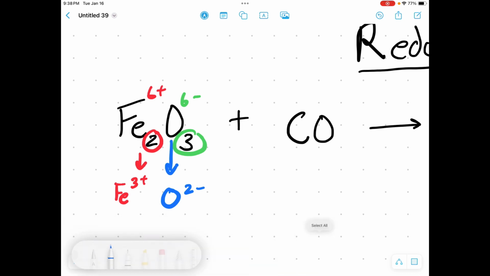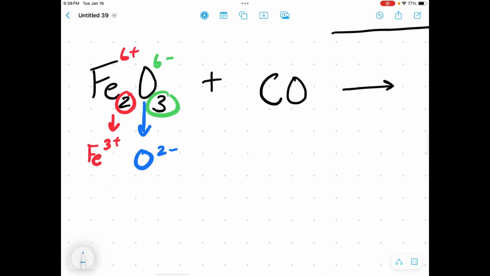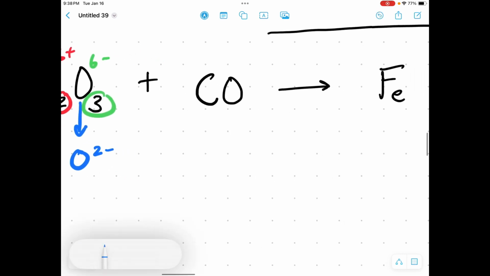You're going to take a look at your most electronegative one. Based on that, you have that rule where you already know what that oxidation state should be. And then from that, you're going to work backwards to figure out what your positive side needs to be. So oxidation state for iron, positive 3. Oxidation state for oxygen, 2 minus.